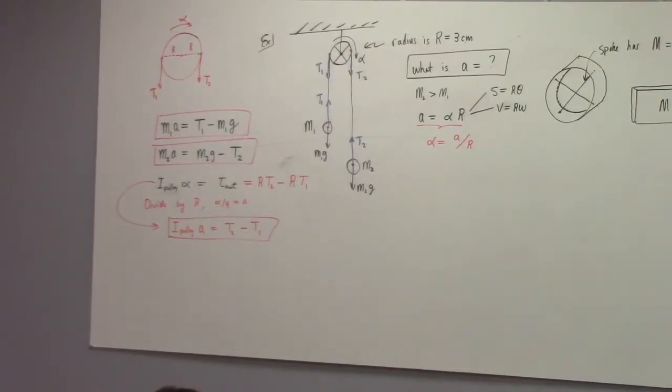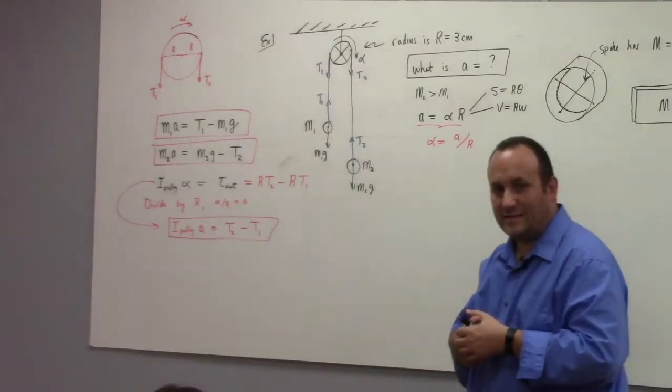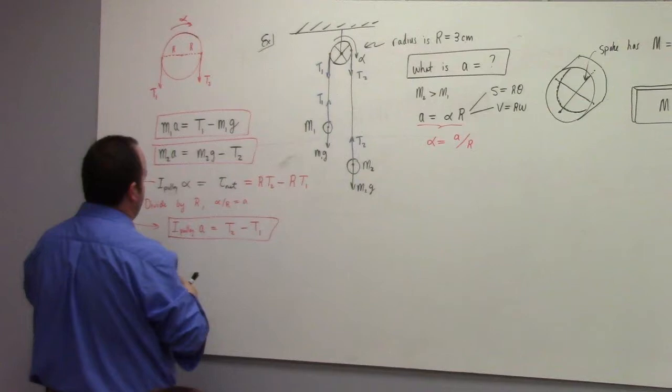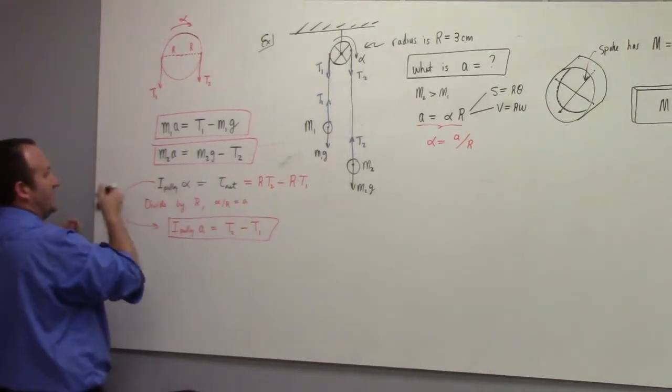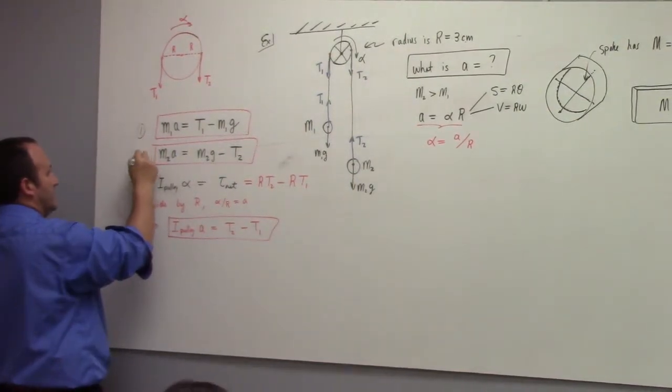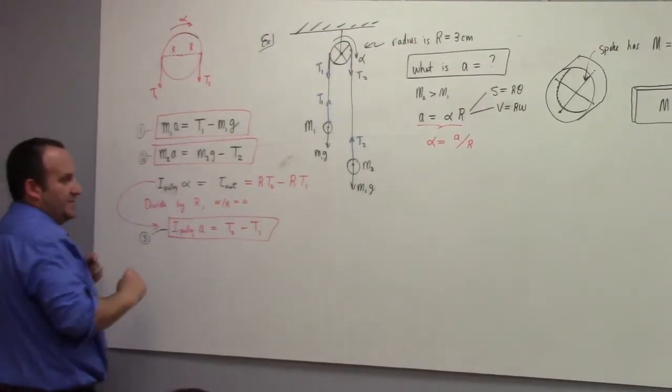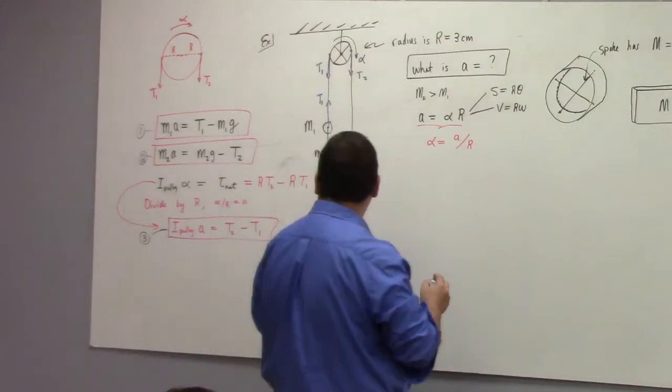Because we're not really interested in what T1 and T2 are, we'd like to eliminate them. So let me name these equations 1, 2, and I'll call this one 3. What happens if you add equations 1 and 2?